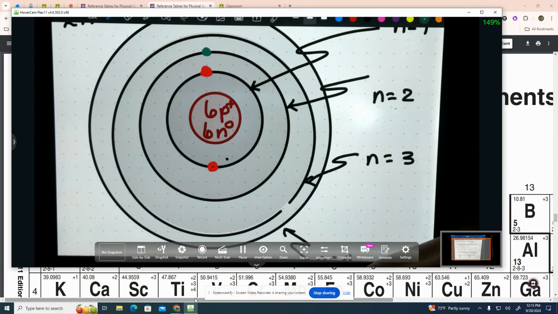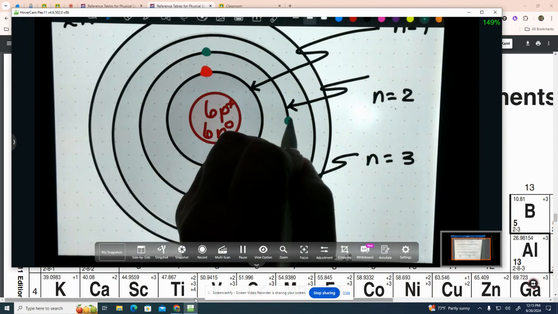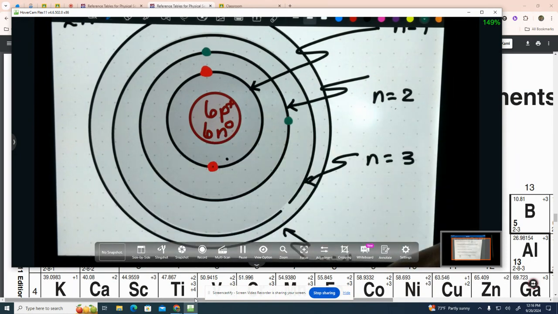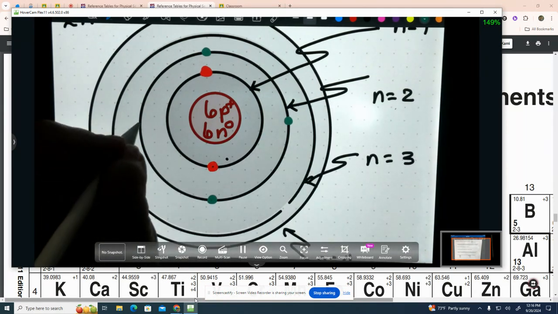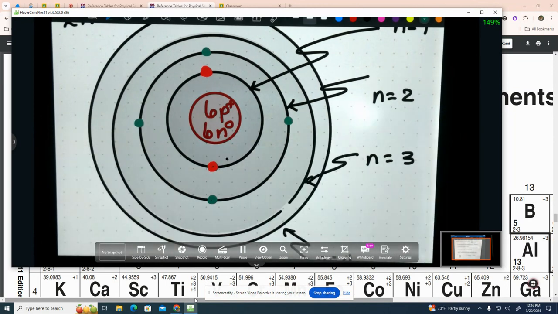Then we're going to go clockwise. We're going to put our second one at the 3 o'clock position. Then we're going to put our third one at the 6 o'clock position and our fourth one at the 9 o'clock position. So it'll go 12 o'clock, 3 o'clock, 6 o'clock, 9 o'clock.